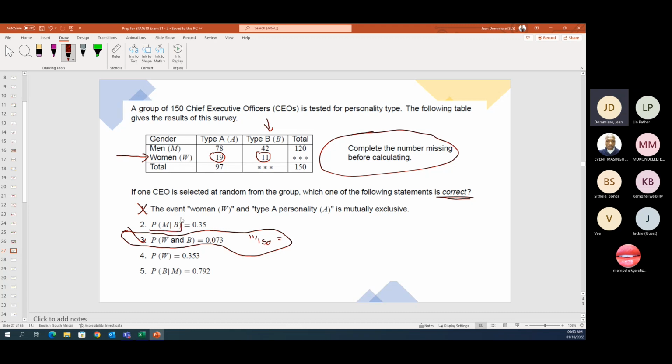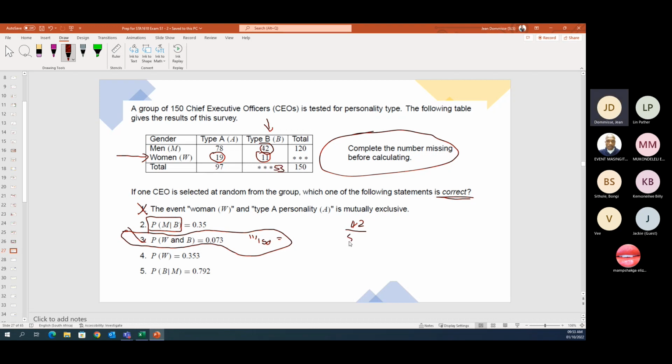So now let's look at all the givens. So probability, male and type B. So probability of male and type B is 42, given that it is type B. Okay, so we don't know that. So let's add those two together. It's 53.